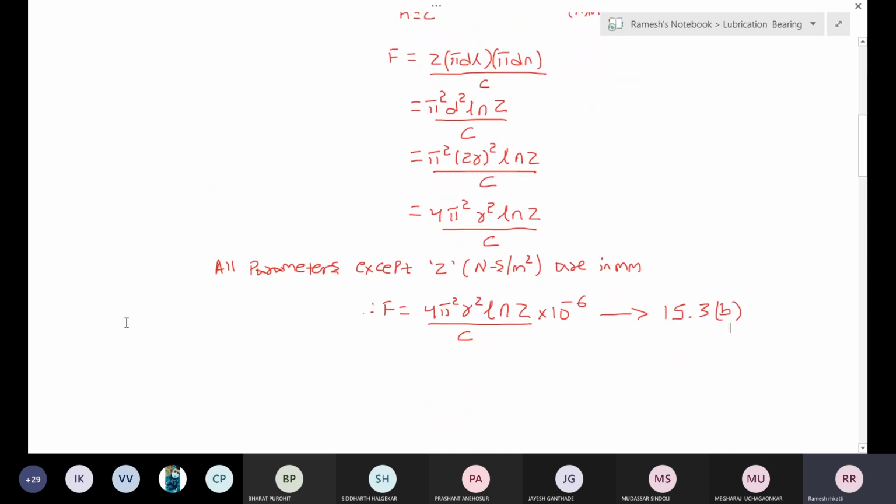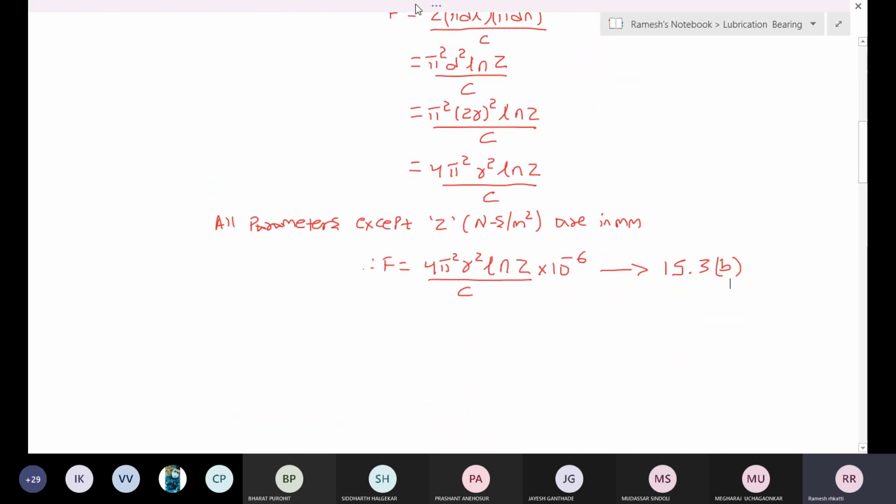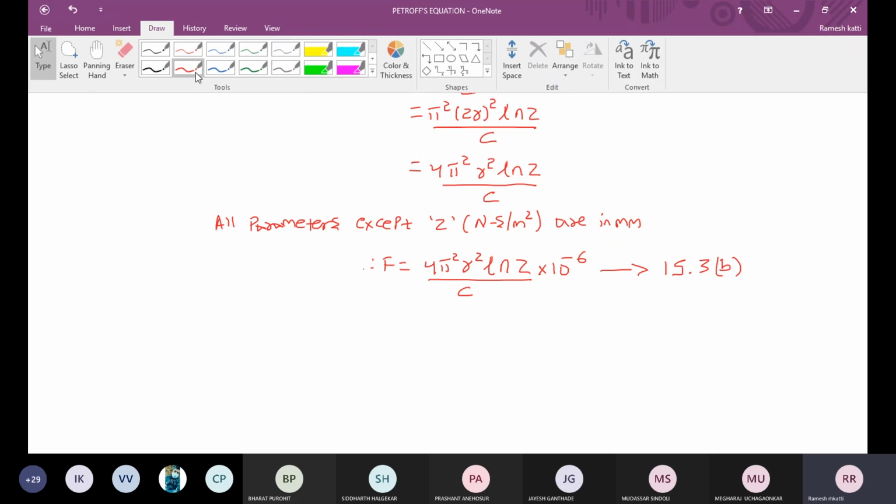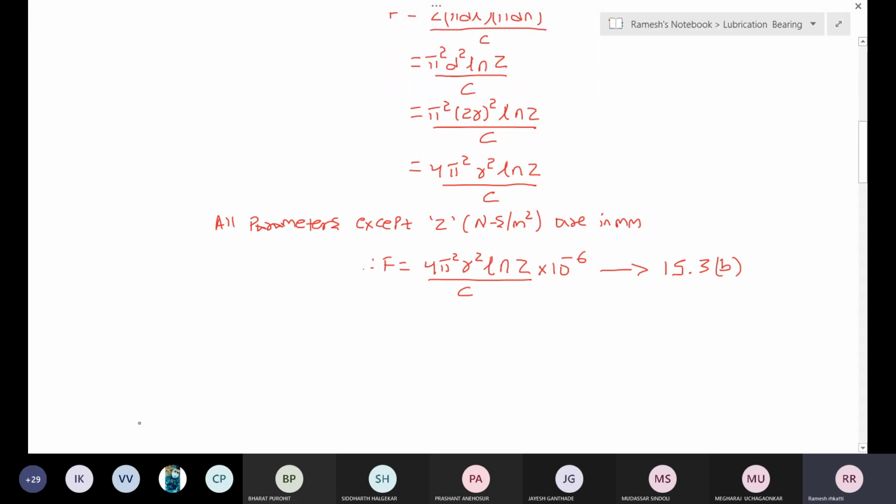After this, now we need to find out the shear force. This is the frictional force, and there will be a shear force acting on this. How to calculate the shear force? The second one is to find out the shear force. We know that shear force is nothing but frictional force divided by cross-sectional area.